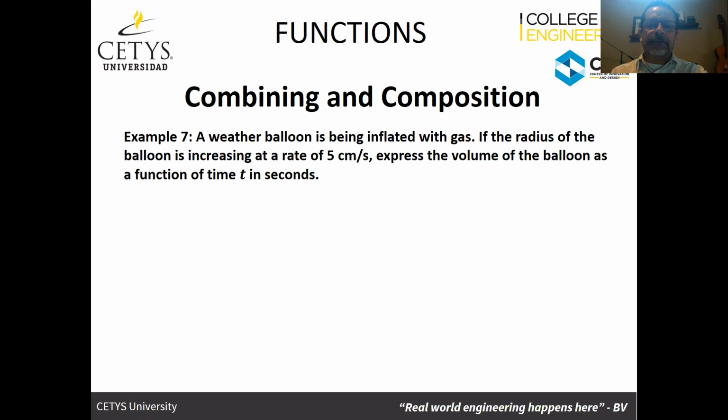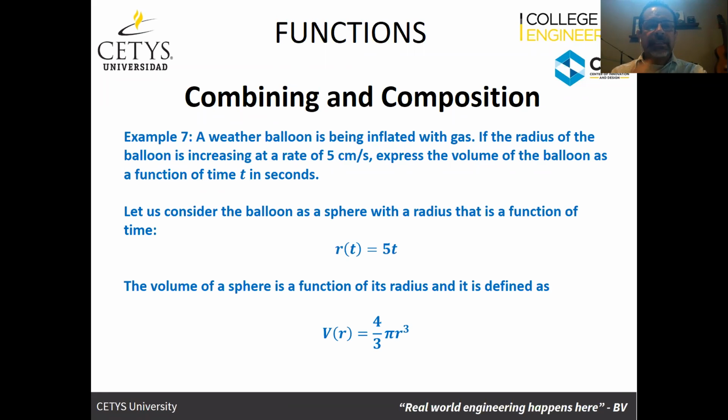So the first thing we're going to do is that we know that the radius of the balloon is being inflated at 5 centimeters per second. That means that the radius can be expressed as a function of time, and that function would be 5t, meaning t is time.